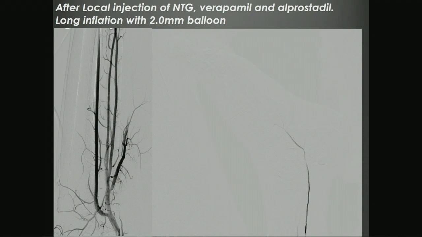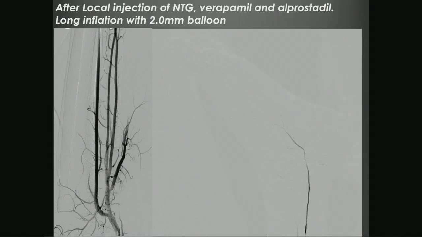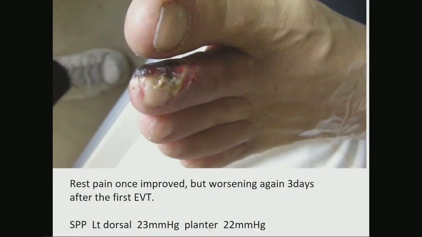After that, the blood flow to the left foot improved. Once the rest pain had improved, but it worsened again 3 days after the first EVT, and the SPP was still low in the left foot.